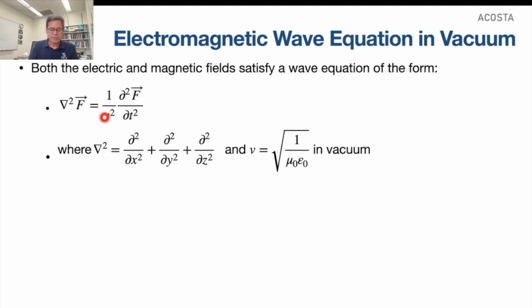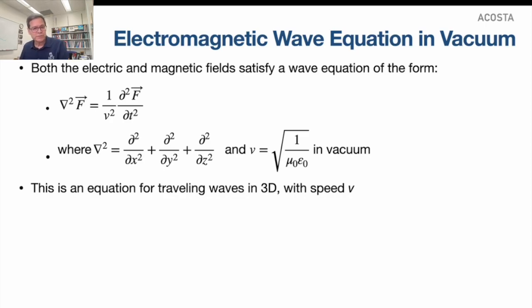And 1 over v squared will equal the expression I just showed you from the last 2 slides if I write v as 1 over the square root of mu naught epsilon naught. Those are the permeability and permittivity constants that come out of electromagnetism in vacuum. So apparently we're getting a speed equal to 1 over the square root of the product of constants.